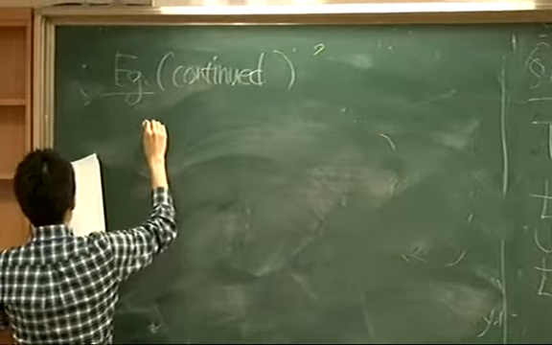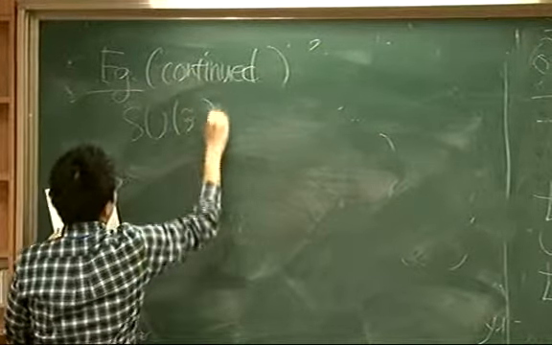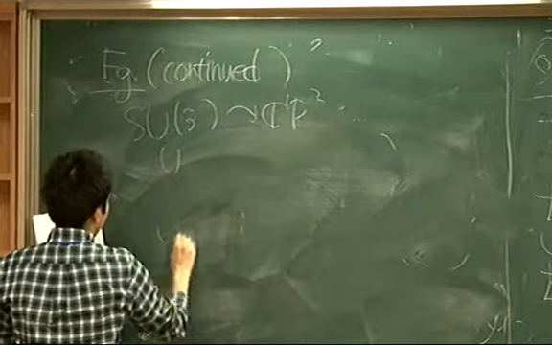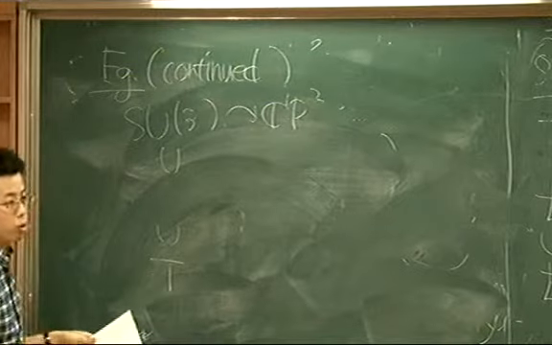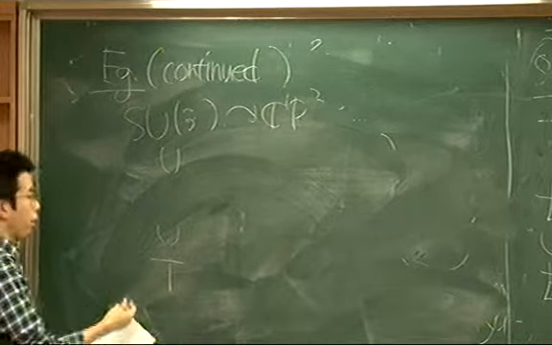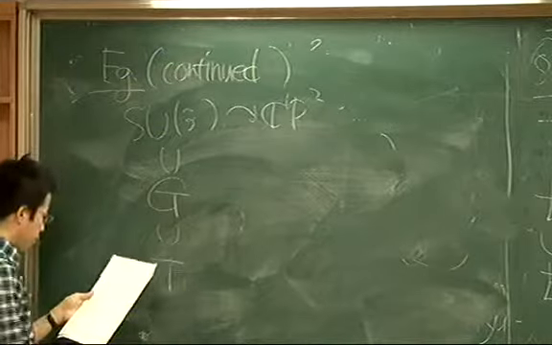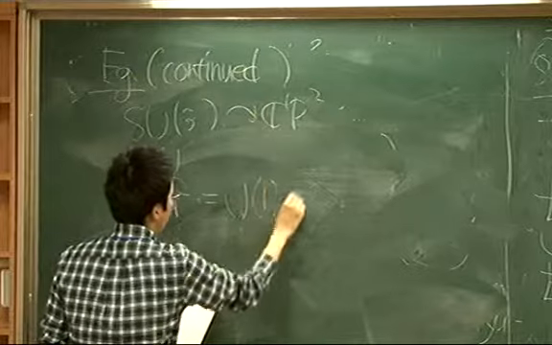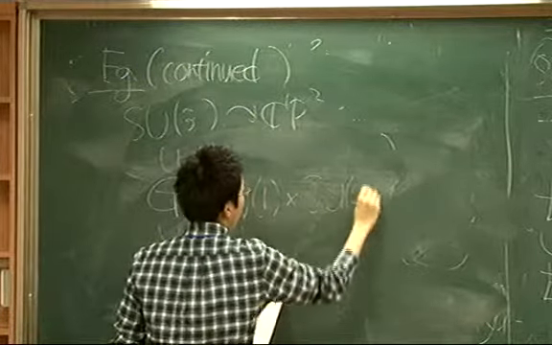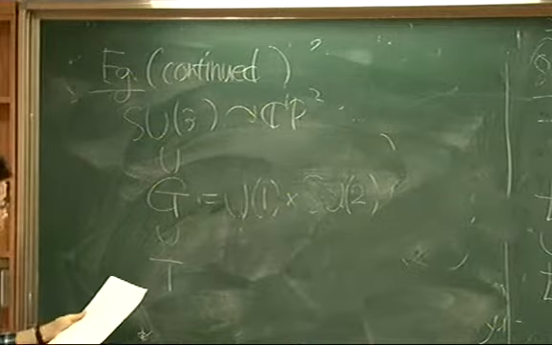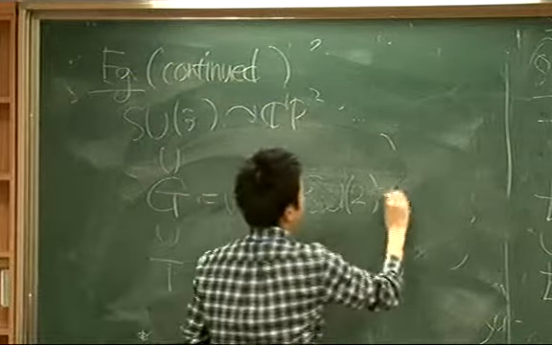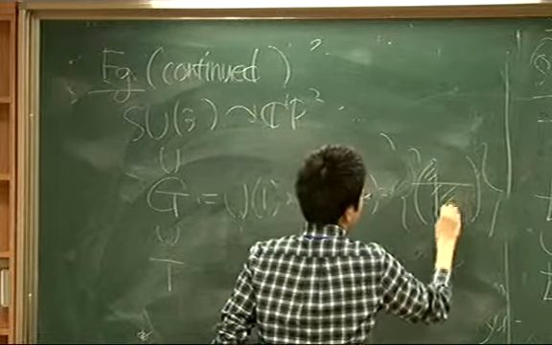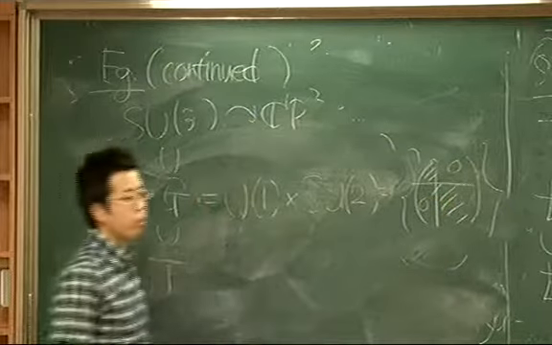So let me consider a subgroup action on CP2 between the maximal torus, which we already discussed before, and G. Let us define this subgroup, which is given by matrices in SU3 of this type.